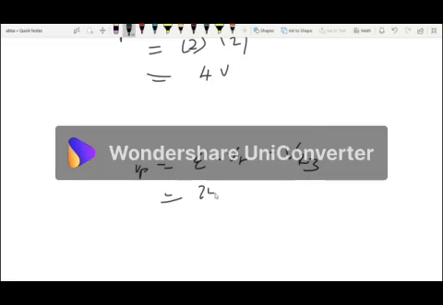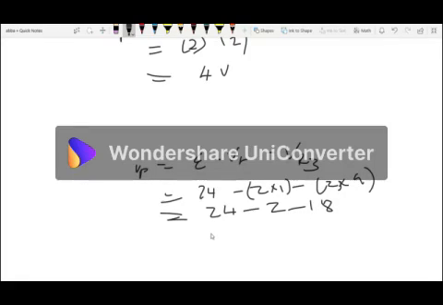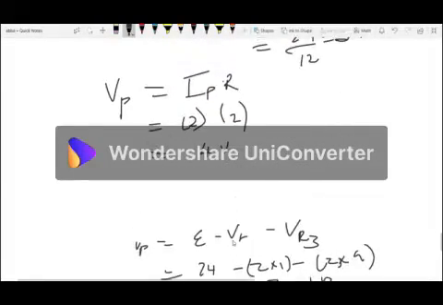Here you're going to say 24 minus 2 by 1 minus 2 by 9, right? So what are you going to get there? Let's see. 24 minus 2 minus 18. Now this is 24 minus 20, then your answer is 4 volts. So we still get the same thing.